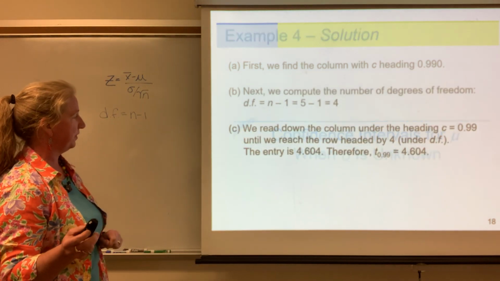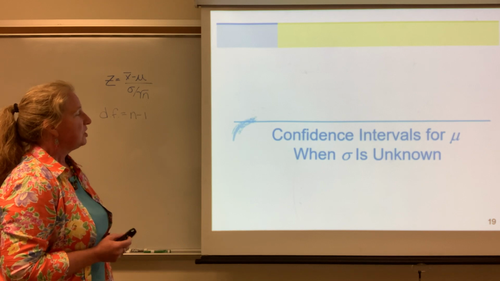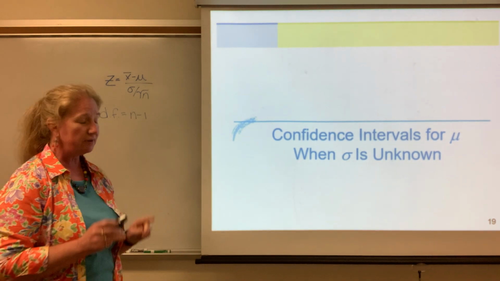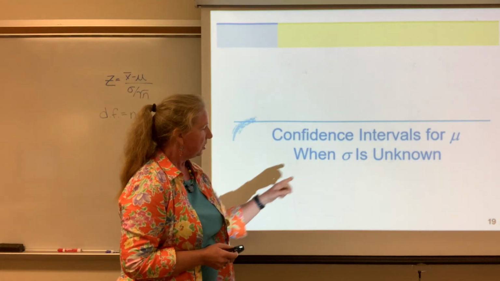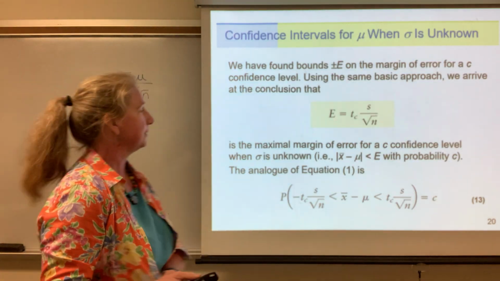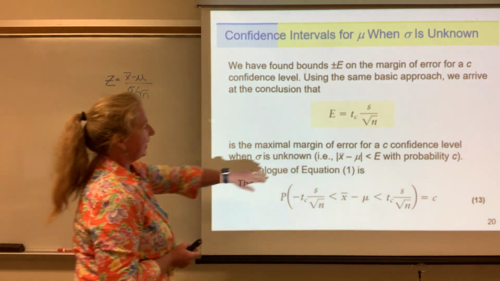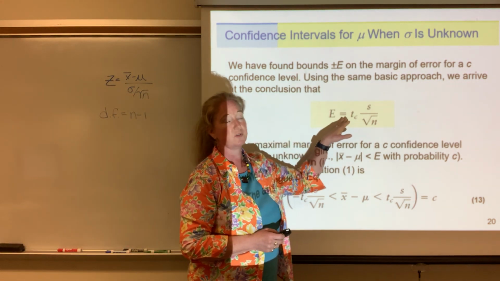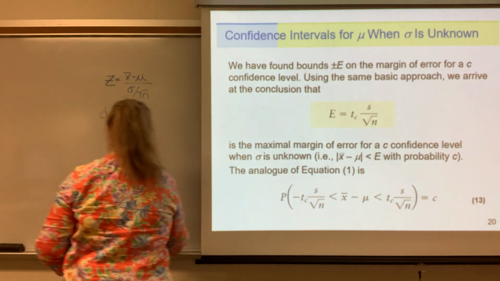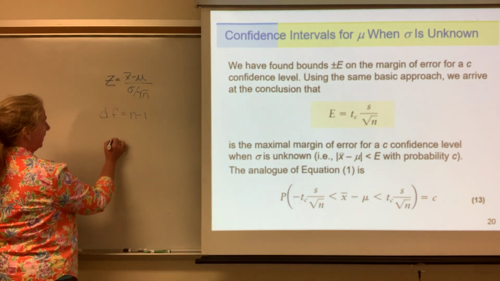All right, they're just describing what we just did. So doing confidence intervals for mu when sigma is unknown. Now you have to ask yourself the question, do I know sigma or do I not know sigma? And they'll tell you in the problem, okay? So I have an error formula. Again, it looks very, very similar to the one with the Z value. Let's write down that Z value option.